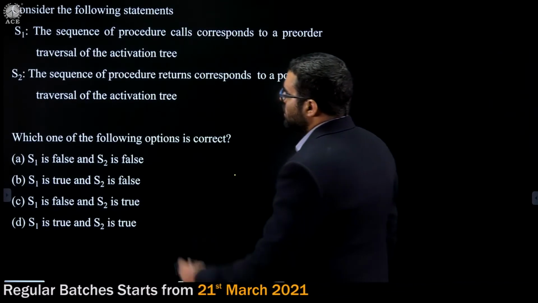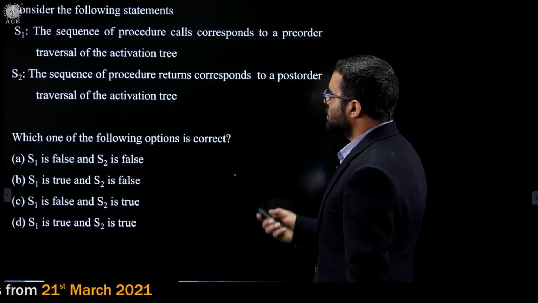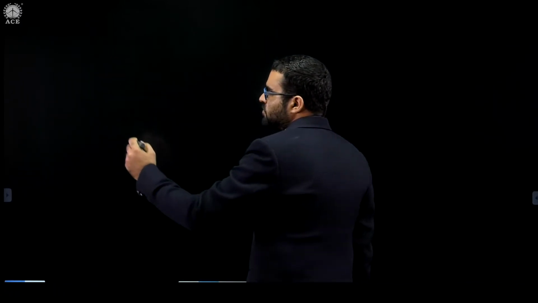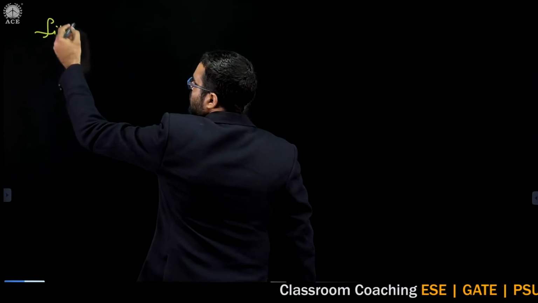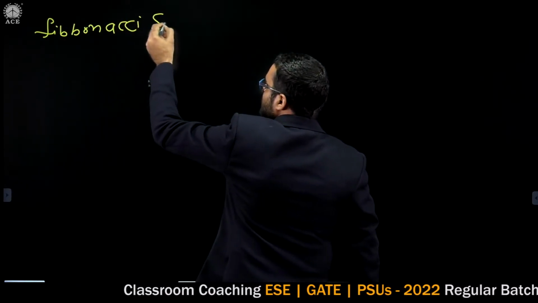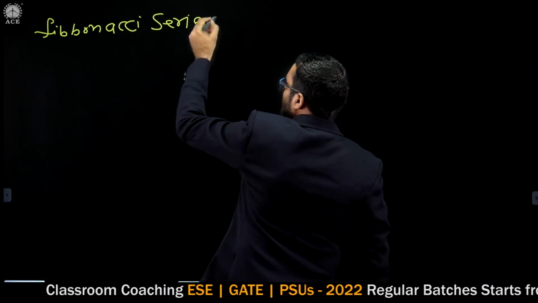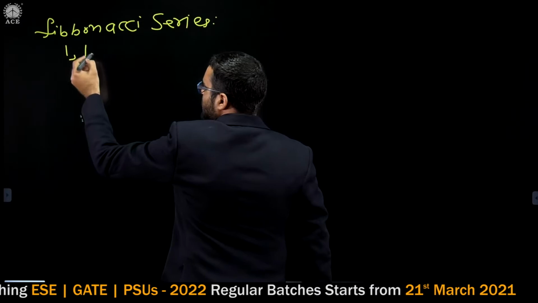Now let's see statement S1, okay. With an example we will try to see this. Let's assume that we want to compute the Fibonacci series. In this series the first number is 1, the second number is 1.